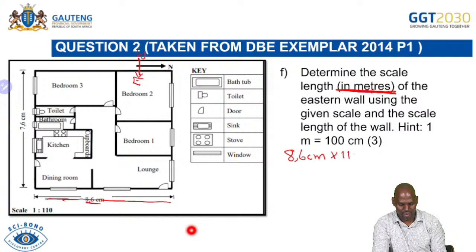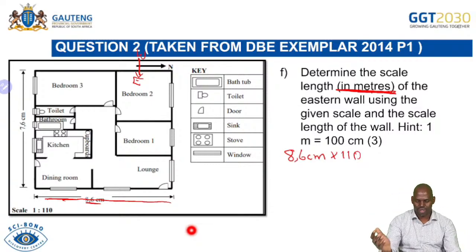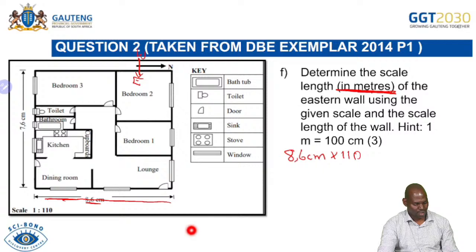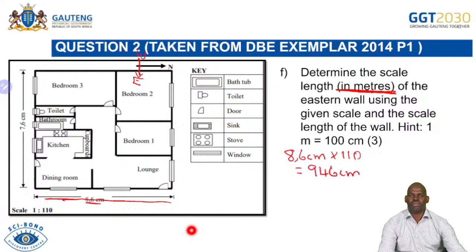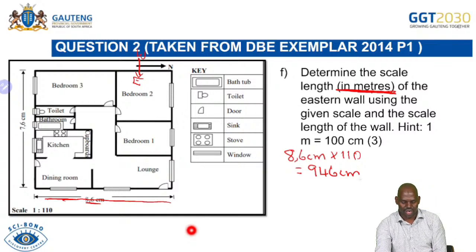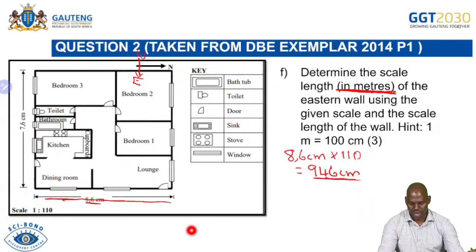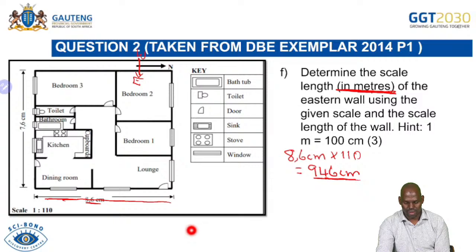We make it bigger now, make it real. So 8.6 centimeters multiplied by 110. So we get 946 centimeters. This will give us the real length. But they say in meters, so we can't leave it in centimeters.